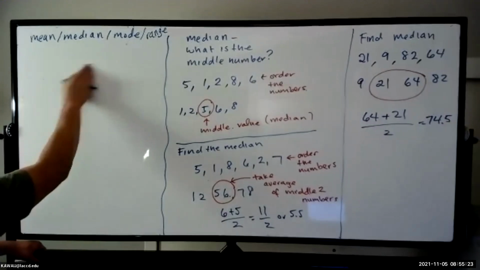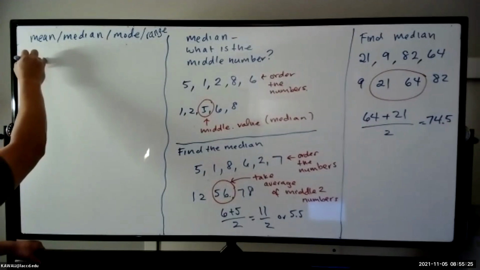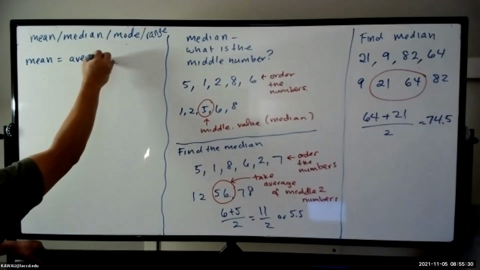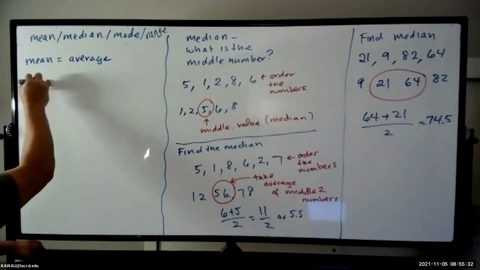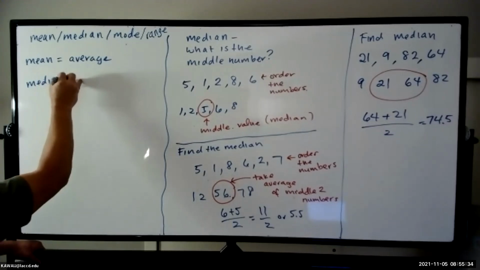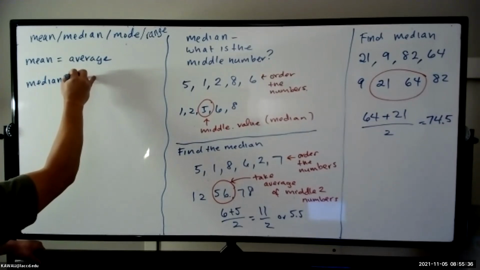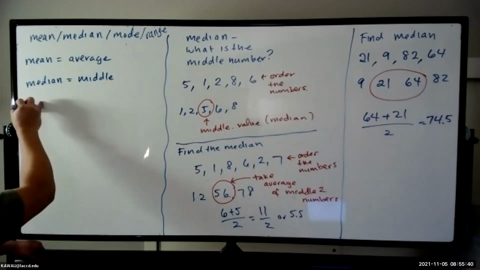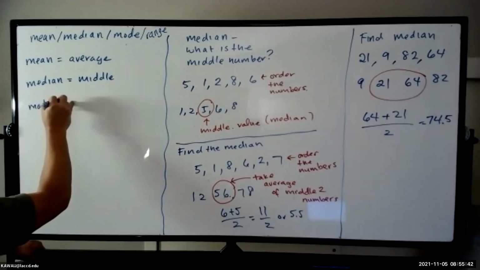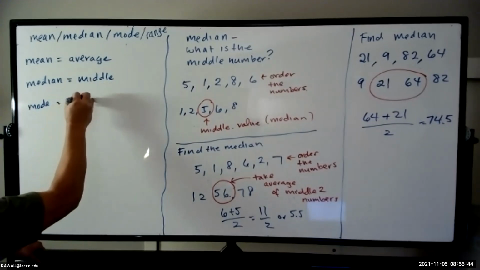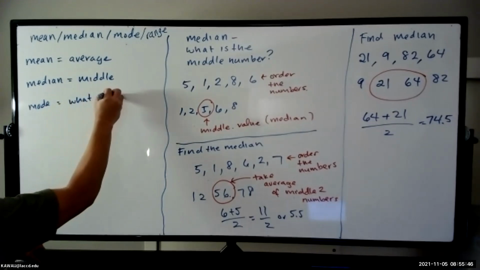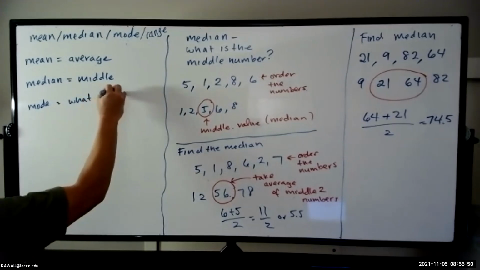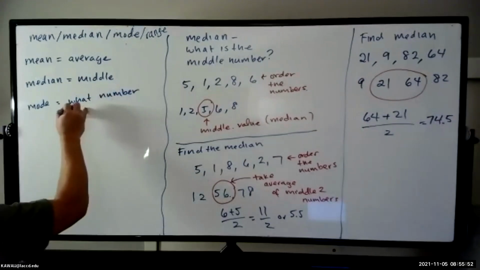So the mean is equal to the average. The median is equal to the middle. The mode is what number appears most often.